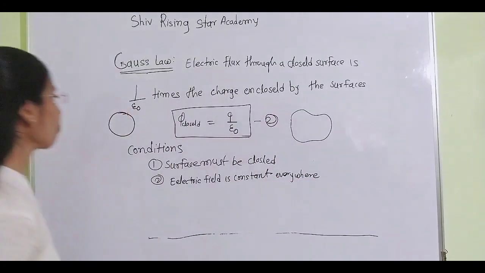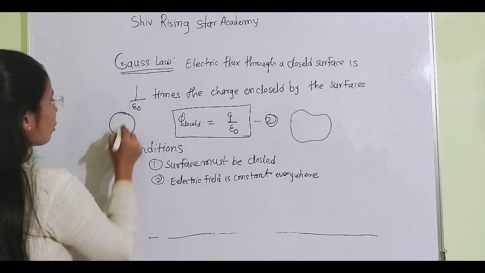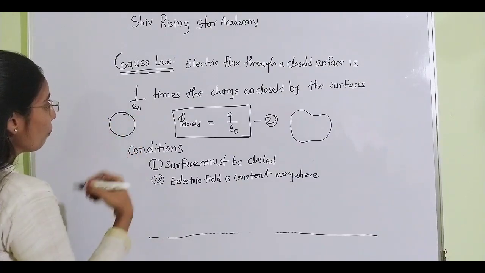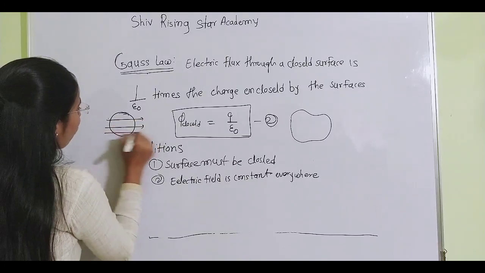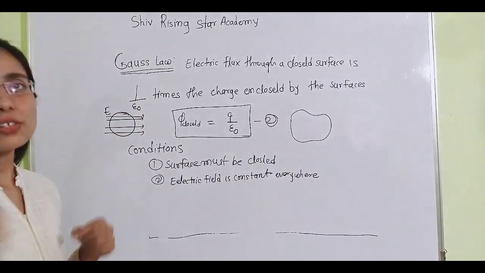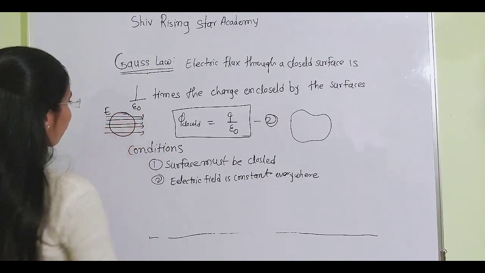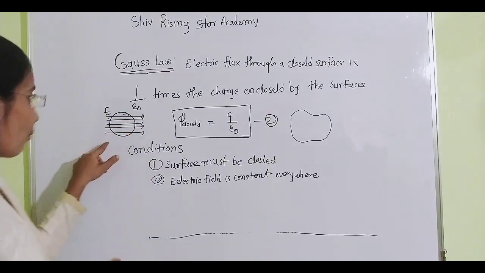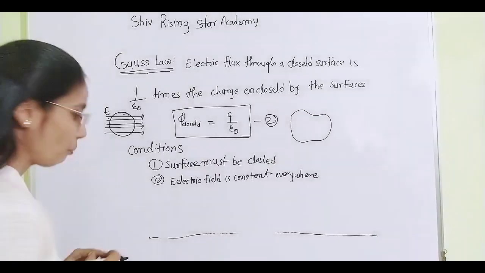Suppose we are applying Gauss's theorem on this surface. For that, the electric field must be constant everywhere on the surface of this. If the electric field is constant, then only you can apply Gauss's law here.